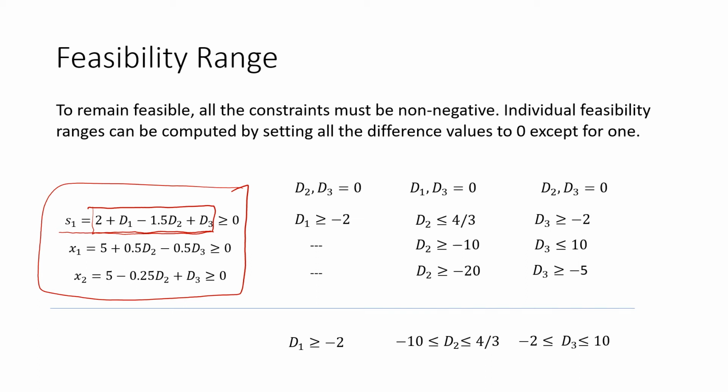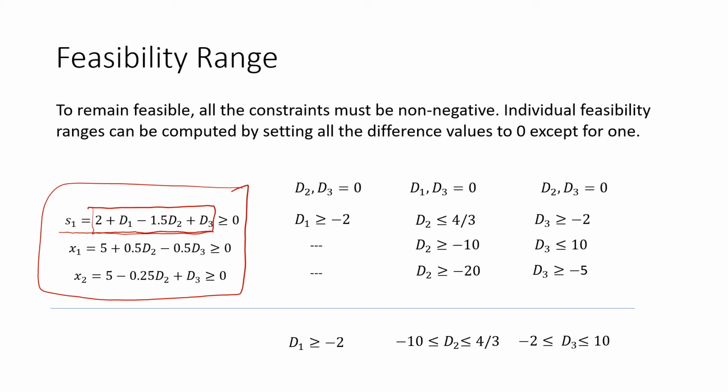So figuring out the feasible region means figuring out where my variables remain positive. Now, with a lot of variables, this can get complicated, but what we can do is figure out the feasible range for a given variable. So we can just take D1.